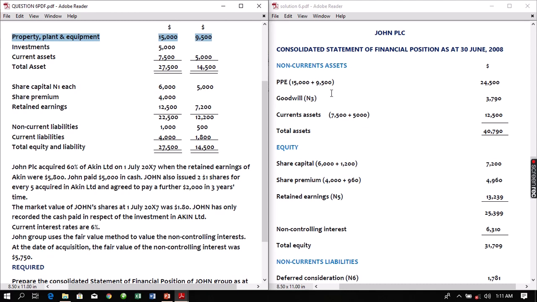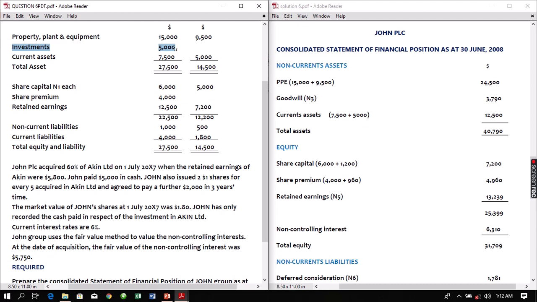Now, as calculated in note 3, our goodwill is 3,790. I bring it down here. And don't forget, we have to be careful here. Investment in Akin, which is the subsidiary, in this case is 5,000.